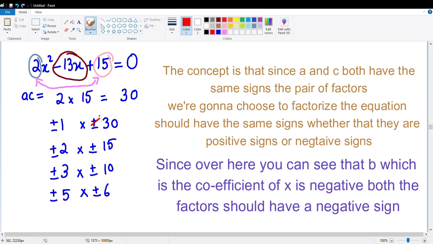We don't need the positives at all, because the sign over here is negative. That means both these factors should have a negative sign. So which of these factors with a negative sign will sum up to minus 13? That's what we have to look at.